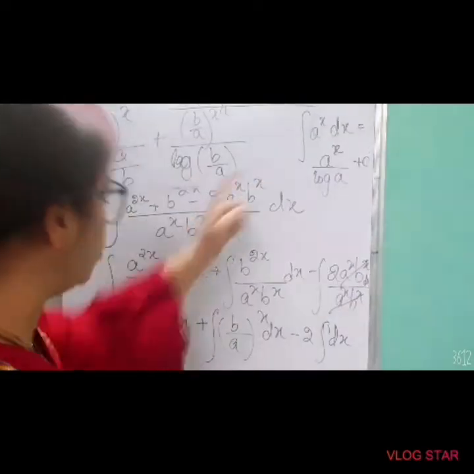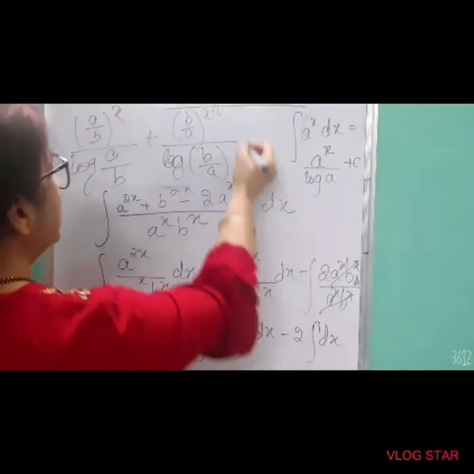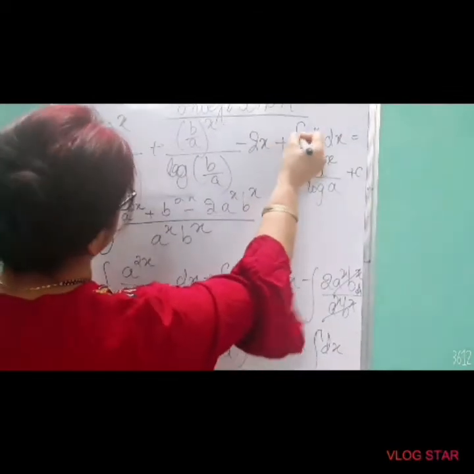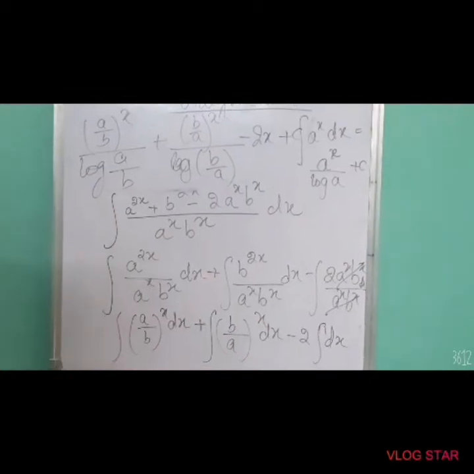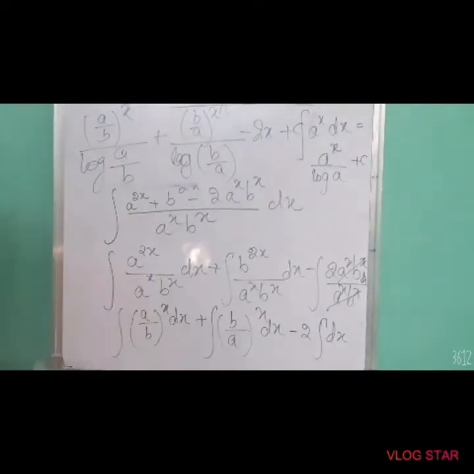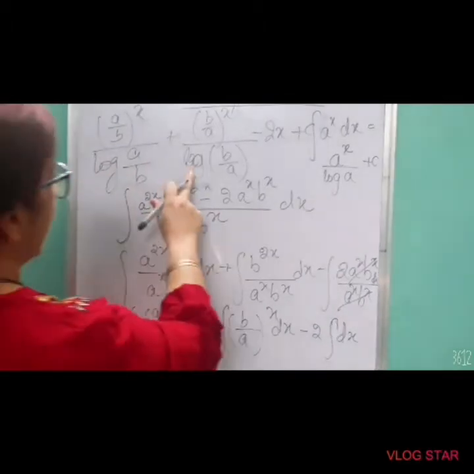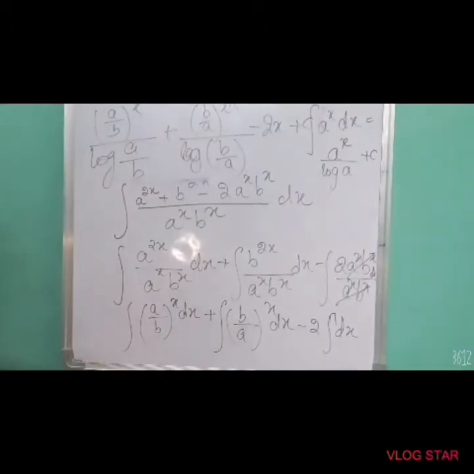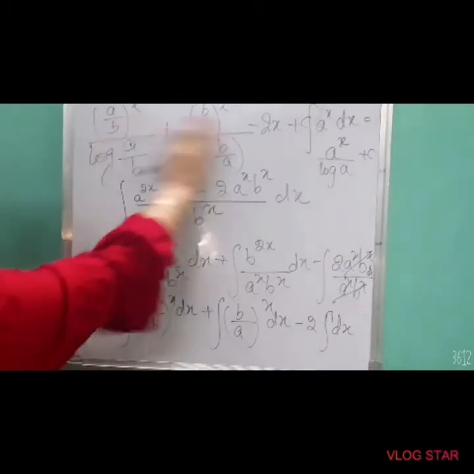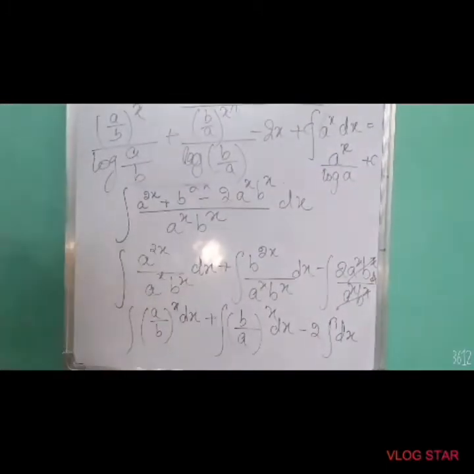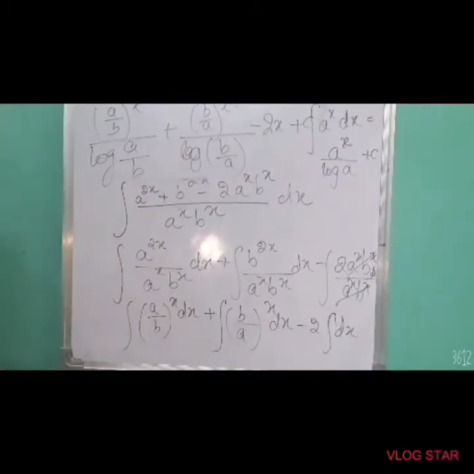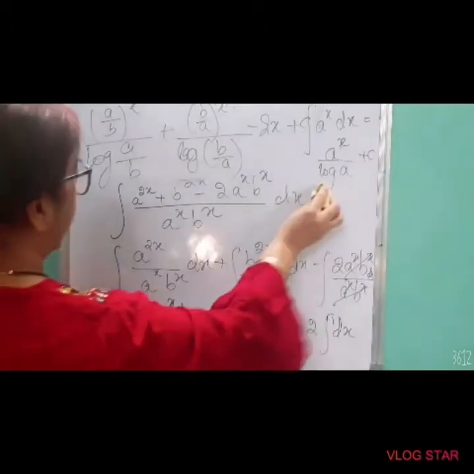Fine. I think you understood how I use the formula. Minus 2x plus c, as that is important, it should be needed. Now you can check it, it becomes log(a/b) and log(b/a). This is the answer, but if you want to reduce it in a simple way, there is one more step to do.